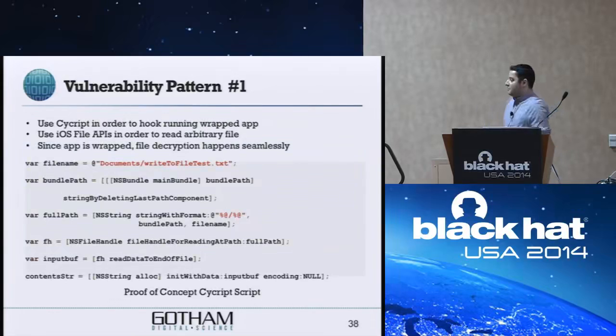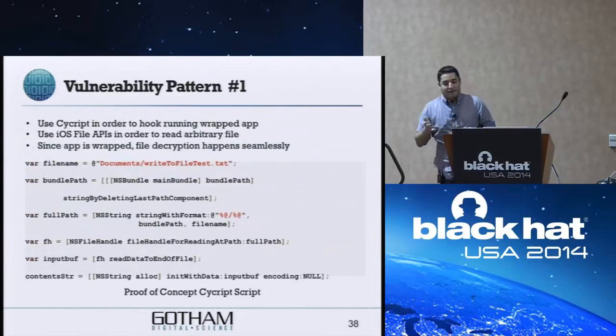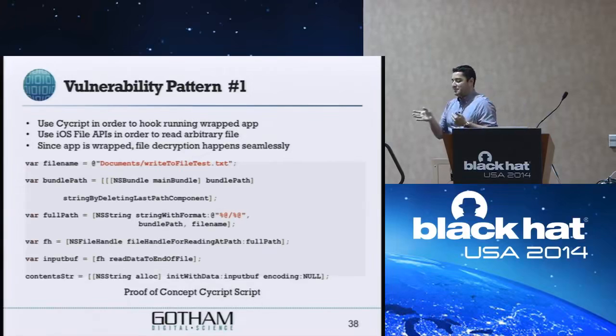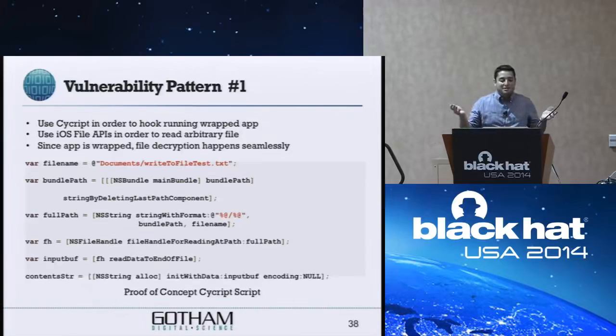The approach we took for this is, if I'm able to inject into the running process, I can start leveraging that wrapping code. I can just inject into it and read that file. I'm assuming that once I try to read that file, my read will be wrapped as well, and it'll just decrypt the file for me without any reverse engineering whatsoever.